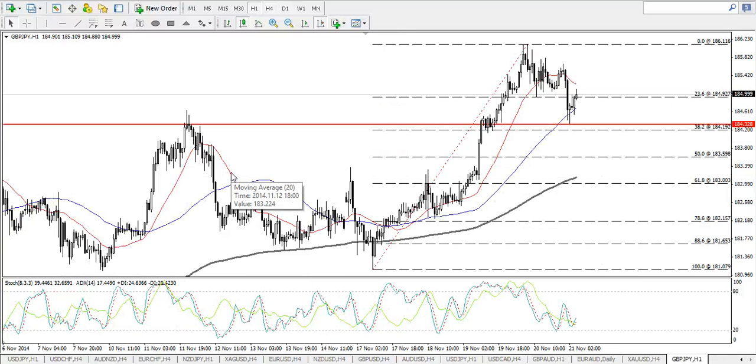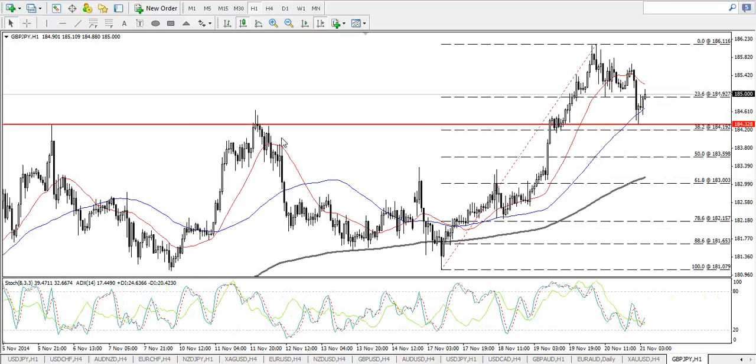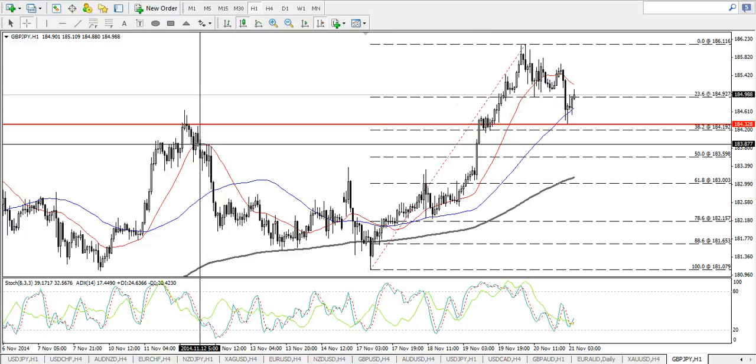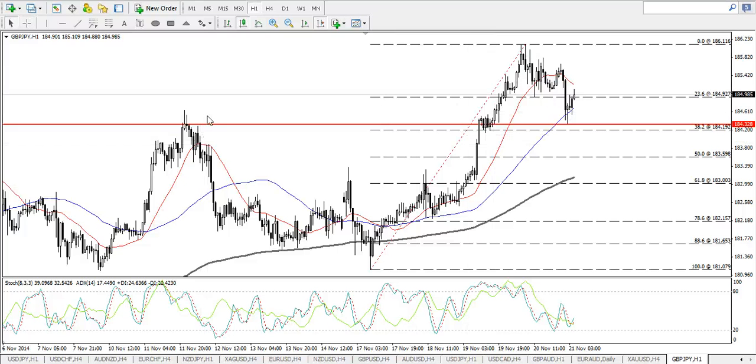Right, last but not least, I would like to touch on the pound against the Japanese yen. Price has actually appreciated and broken above the previous high at the price of 184.32, and that was during the vote between MPC members for interest rate hike, as well as asset purchase facility, and somehow the pound just appreciated and broke above that previous high.